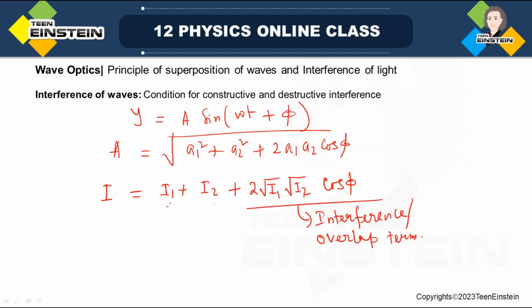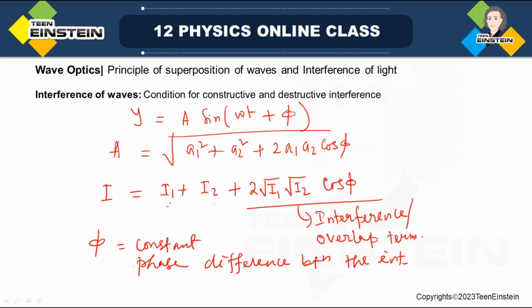Here this cos phi is the constant phase difference between the interfering waves.